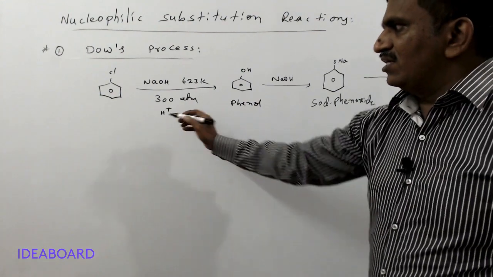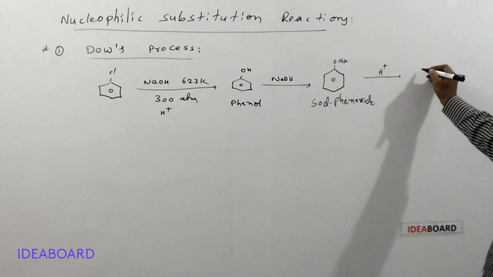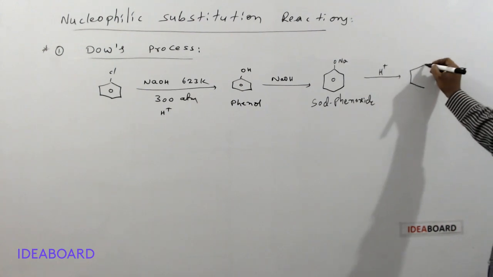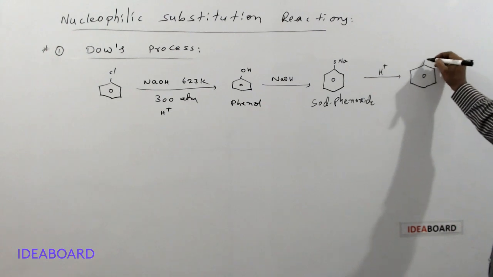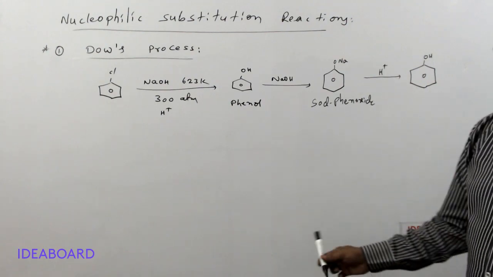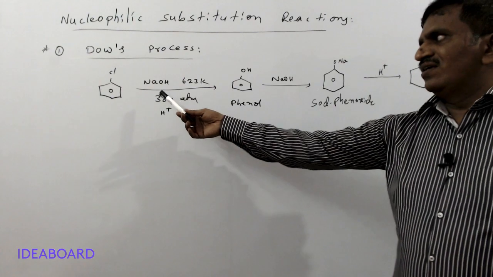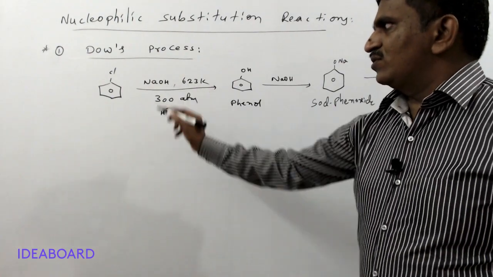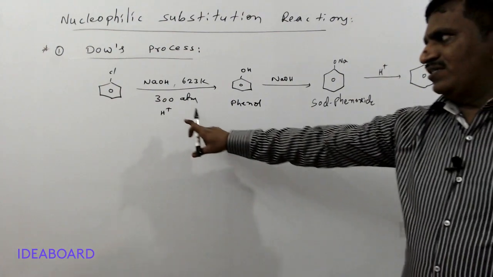Now this H plus is reacting and it undergoes acidification. By this acidification reaction, it now gives OH, and phenol is formed. So first, chlorobenzene reacts with sodium hydroxide at a high temperature of 623 Kelvin and 300 atmospheres pressure, followed by acidification.